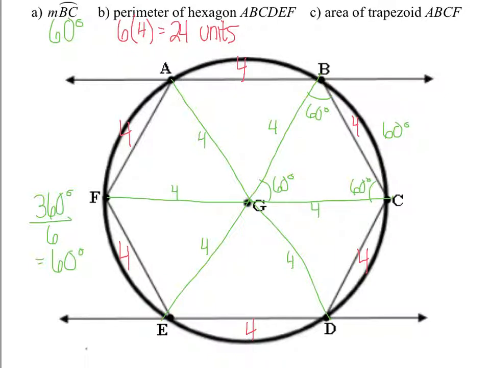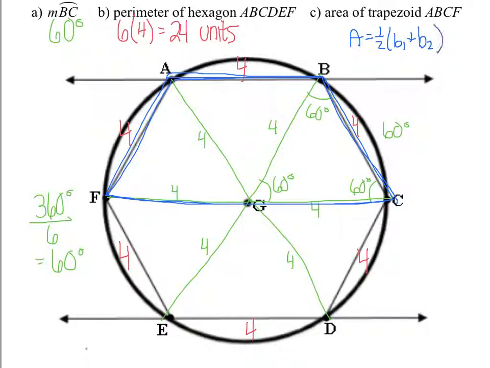Finally, we need to find the area of trapezoid ABCF. I'm just going to draw it in here. ABCDEF. So we're looking for the area of this blue trapezoid right here. Well, the area of a trapezoid is 1/2 base 1 plus base 2 times the height.